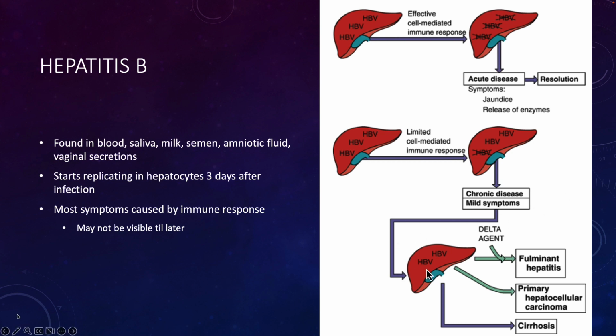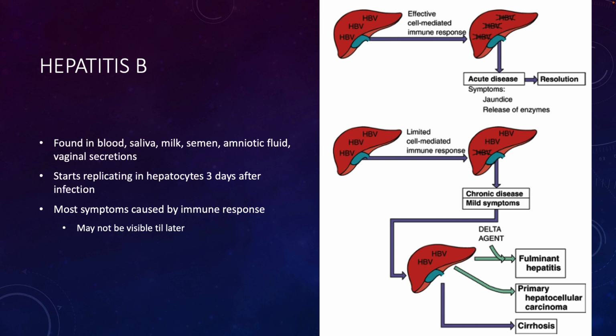What we'll see then in our patients who develop that chronic infection is very commonly cirrhosis. A little bit less commonly, you'll have the development of hepatocellular carcinoma or liver cancer. And rarely, what you can see in patients who are co-infected or super-infected with something called delta agent is the development of fulminant hepatitis. Fulminant means the acute onset of severe disease.